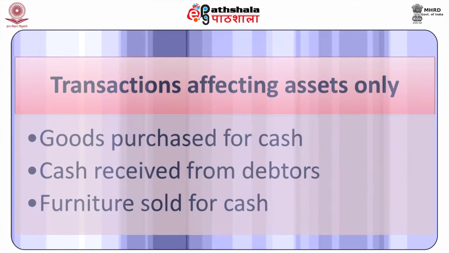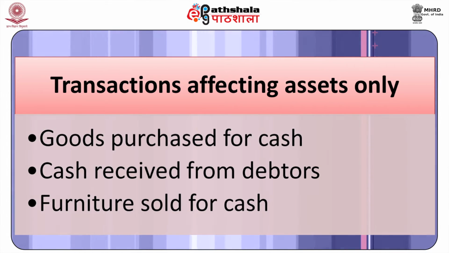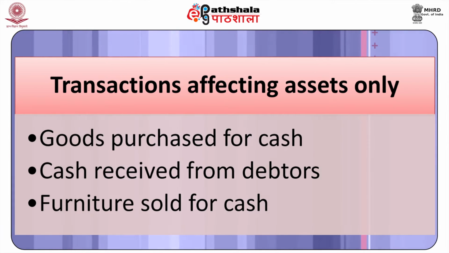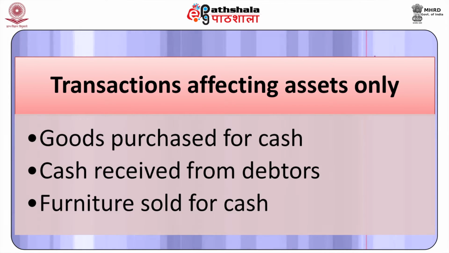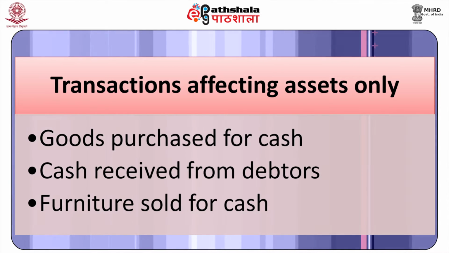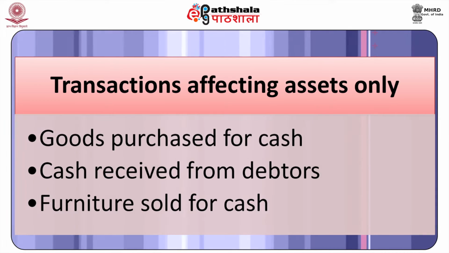A business transaction may affect the accounting equation in such a manner that only one side is affected. It may be any of the following. First, take an example of transactions affecting assets only. For example, goods purchased for cash, cash received from debtors, furniture sold for cash.